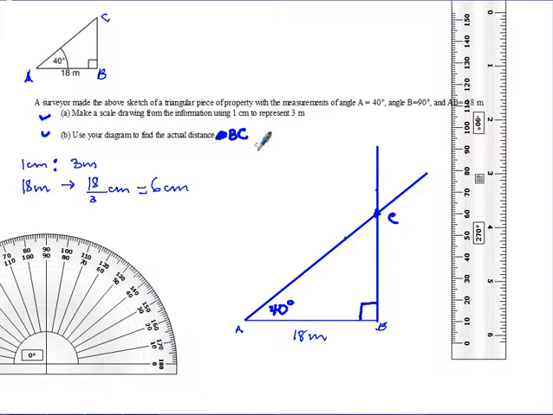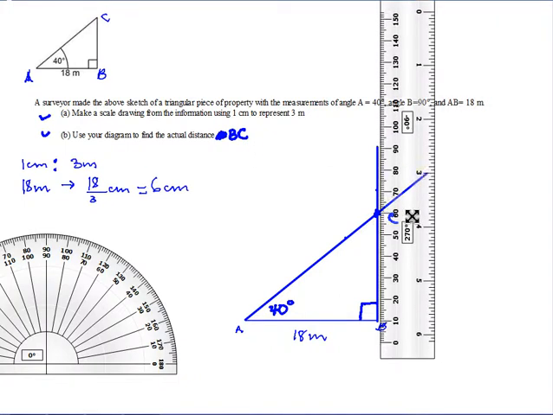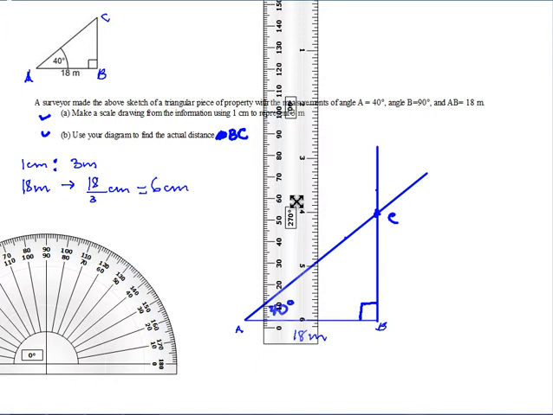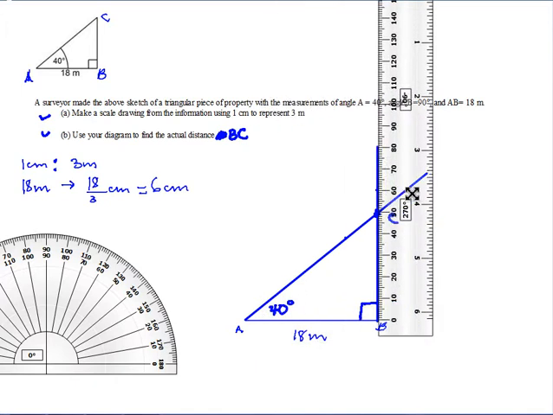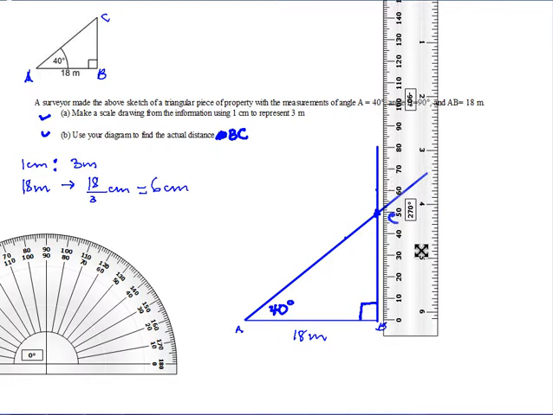That's what the question in the past paper booklet says, so you'll know that's the correction we need to make. Use your diagram to find the actual distance of BC. So you're going to measure BC with your ruler.